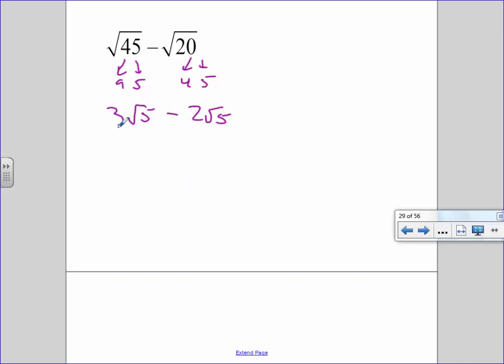We now have 3 somethings. We are minusing 2 somethings. 3 minus 2 gives me 1 something. It's no different than 3x minus 2x. But here's the kicker, though. These guys right here have to have the same radicand.